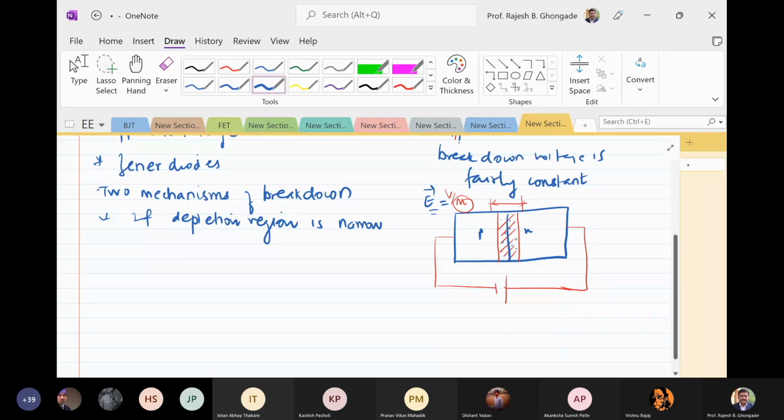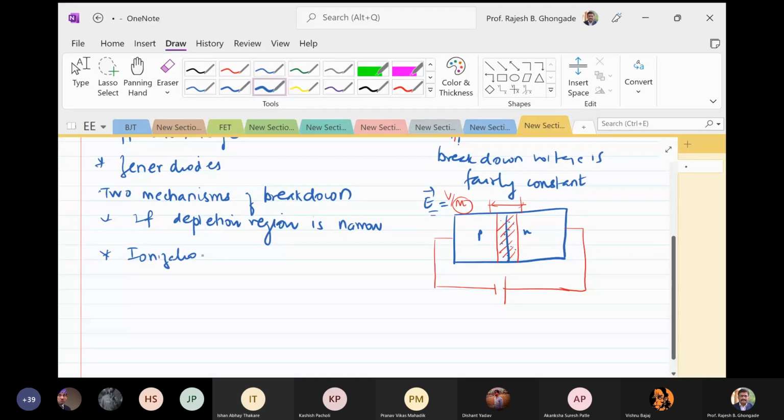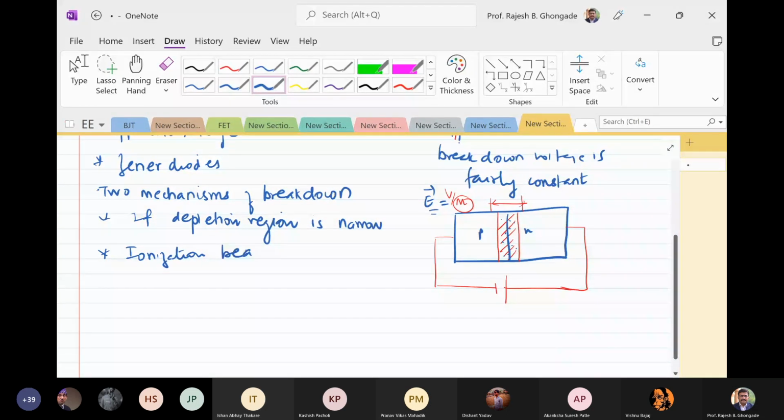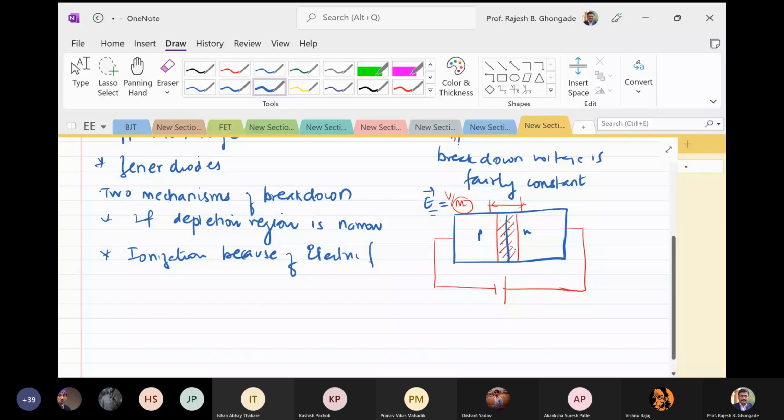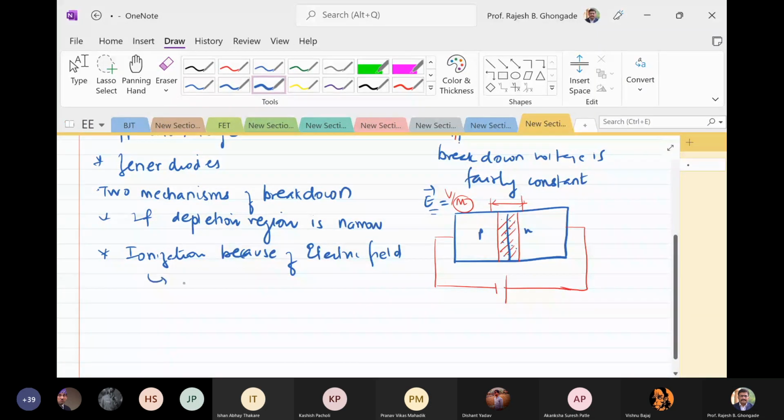This type of ionization because of the electric field is called Zener effect or Zener breakdown.